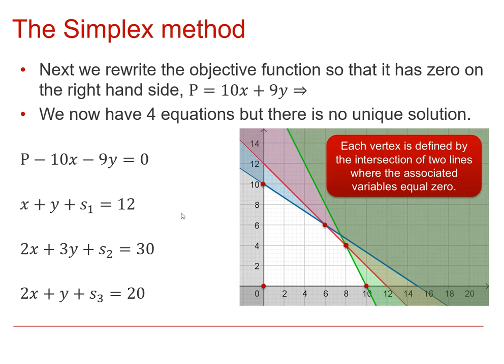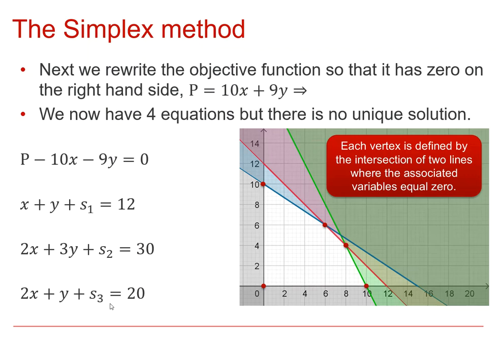Okay, if we look at, for example, the blue line, that has the equation 2x plus 3y equals 30. So for that one, S2 would have to equal 0. So if we are at this vertex, then both S1 and S2 would be 0.